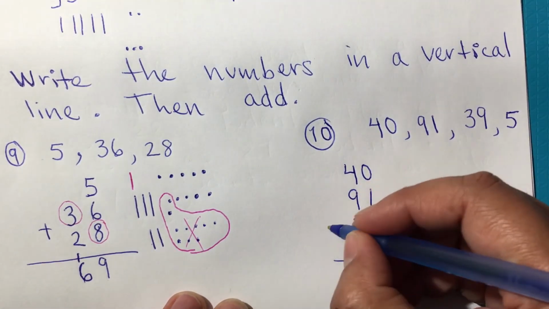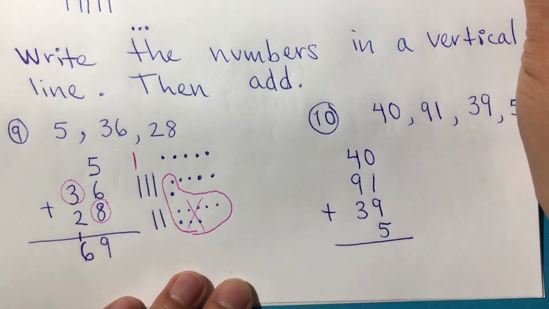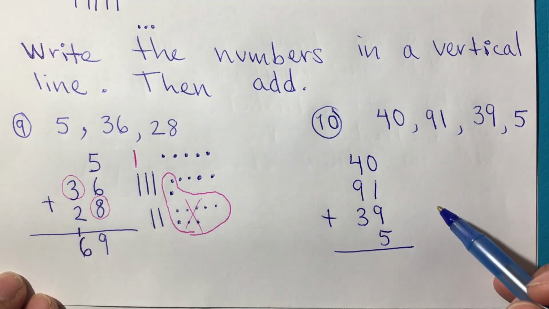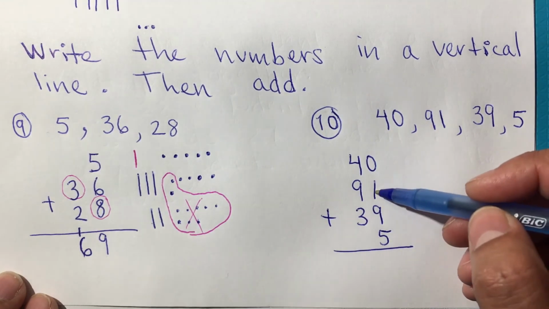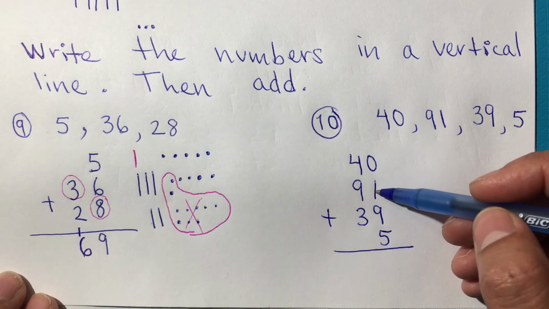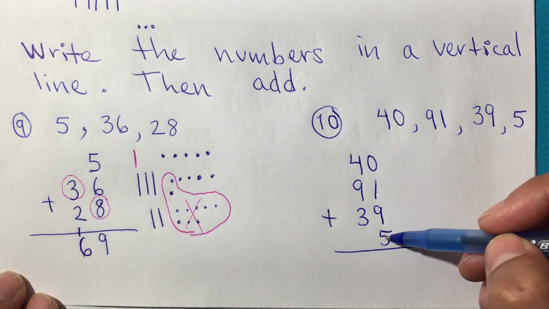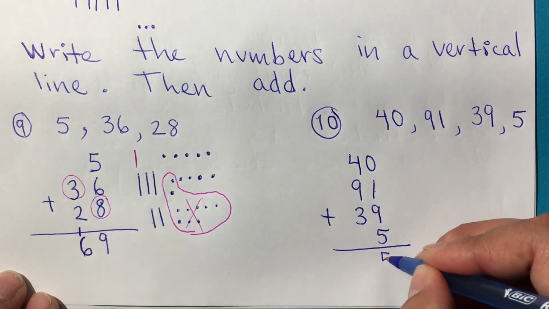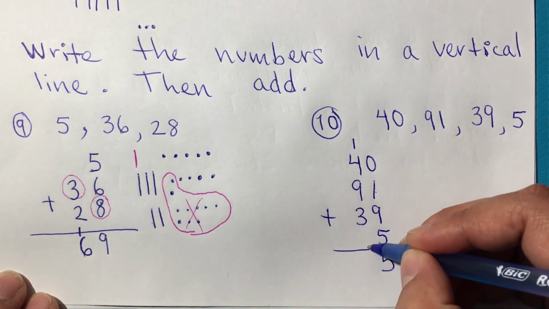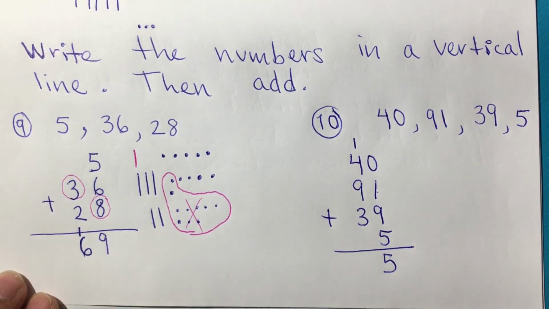So when you put them in here, you want to add the ones that make it easier to add together first. So the 9 and the 1, right? You have 0 plus 1 plus 9. The 9 and the 1 make 10, and 10 plus 5 is 15. Put the 5 in here and carry the 1. Again, you can put it in here or in here. It doesn't matter. And then let me show you another trick.